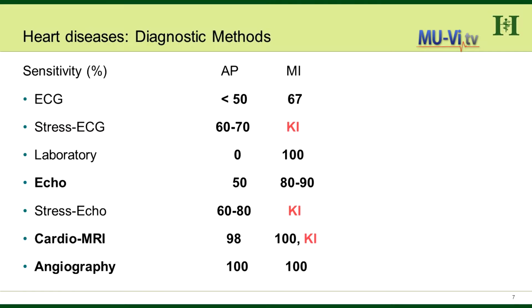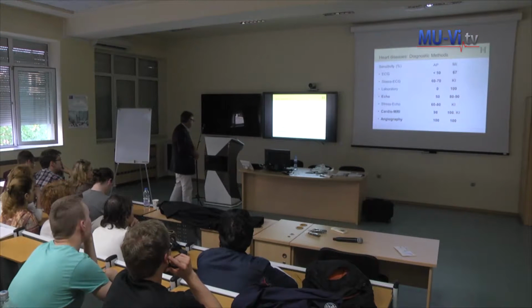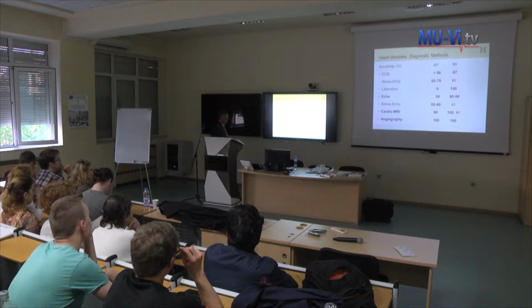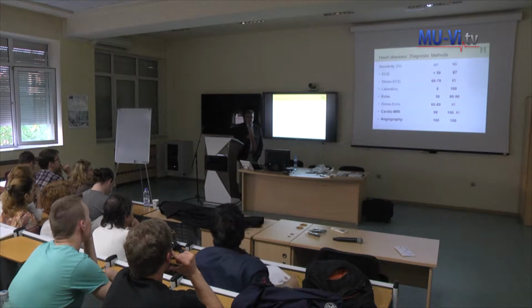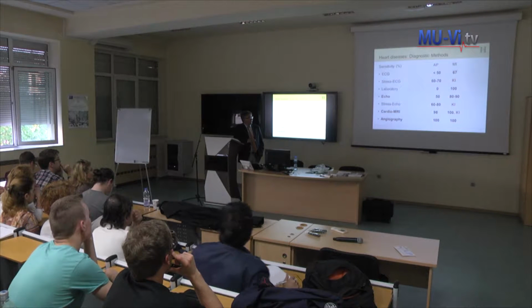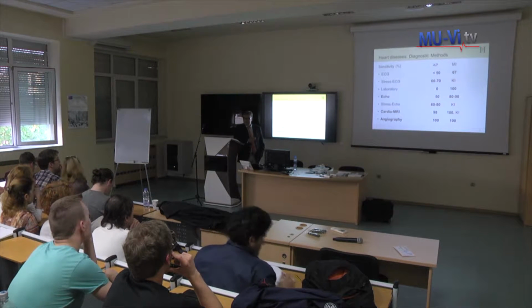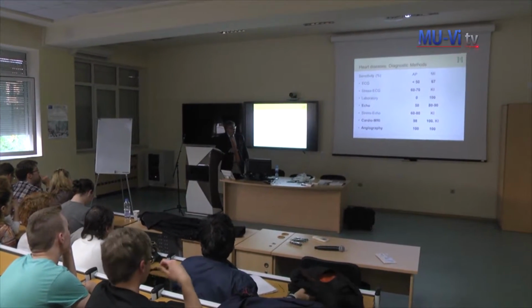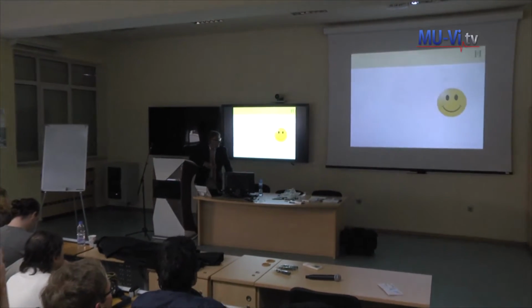A stress ECG is a bit more, laboratory 0, echo 50, stress echo 60 to 80, cardio MRI is 98, and the angiography, the heart catheter, is about 100%. So you should think of what you are doing during your examinations, and of course you start with an ECG, but you should know it only has a sensitivity of less than 50% if it's not a myocardial infarction.